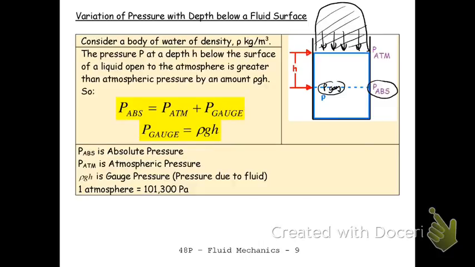I could do that. And in fact, that's a barometer. That's how a barometer works. So there's a reason why they have these three terms. And they're not hard. It's just your atmospheric pressure is your atmospheric pressure in Pascal. Your gauge pressure is your pressure of your liquid. And that's going to be the density of the liquid times G times the height of the liquid column. And you add them together if you want the absolute. It's as simple as that.